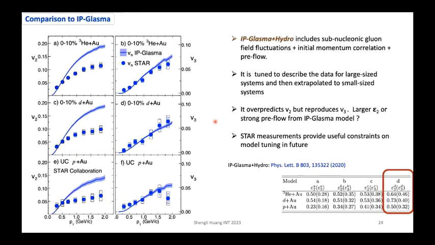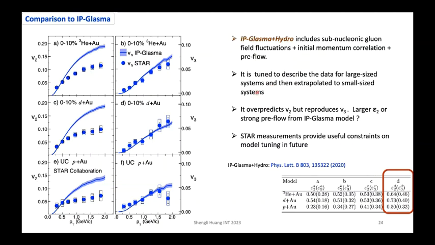Okay, further we can compare the STAR measurement with other model calculations. First, we can compare to IP-Glasma plus hydro. We know the IP-Glasma in the initial stage has some initial momentum correlation and pre-flow. But unfortunately, this model is tuned with the larger system and extrapolated to the small system.